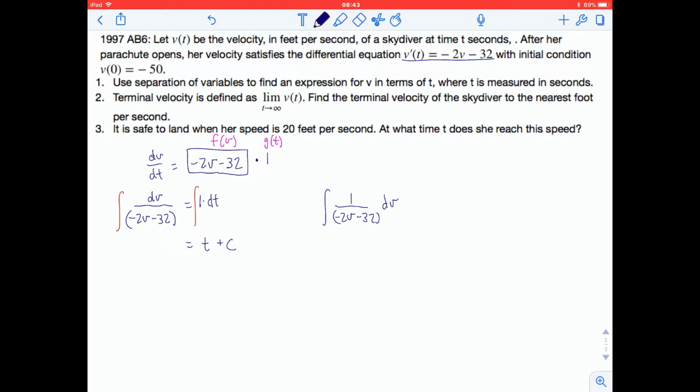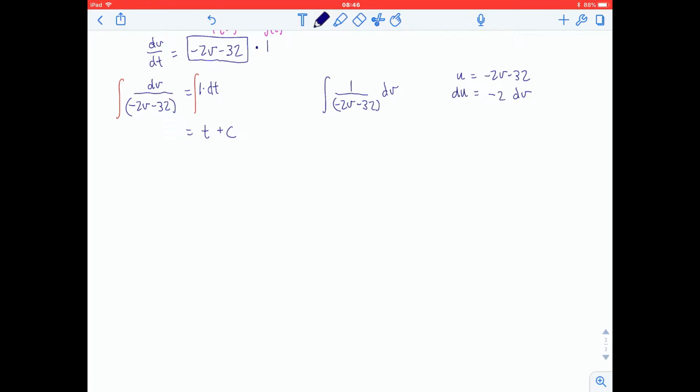Now we could use substitution to help us with this. We could say u is equal to negative 2v minus 32, and then take the derivative of both sides and find the differential. du is going to be equal to negative 2 dv. So this means that we can get dv by itself by multiplying both sides by negative 1/2 du. So that becomes what we substitute in.